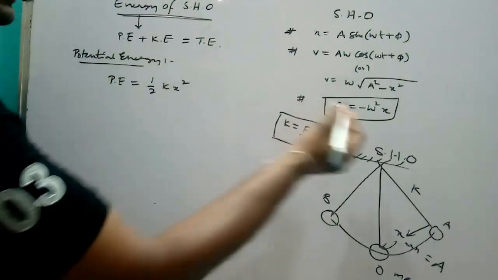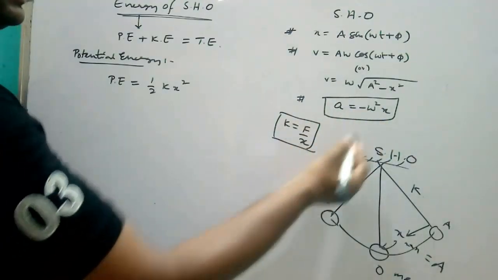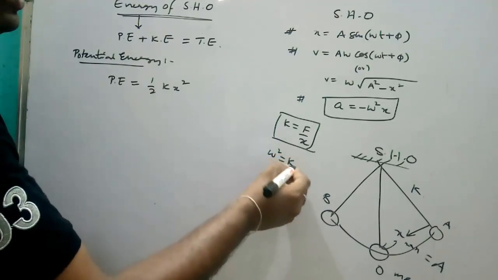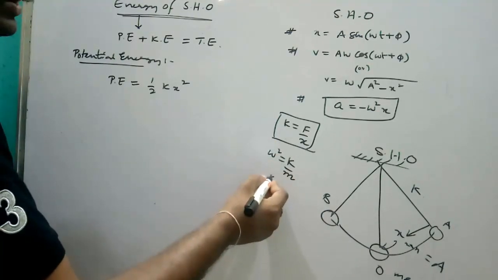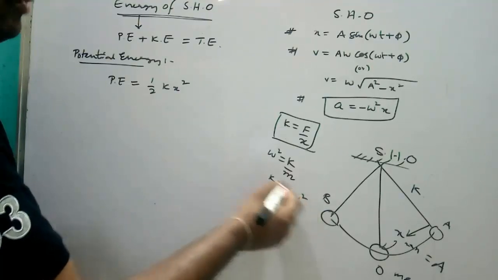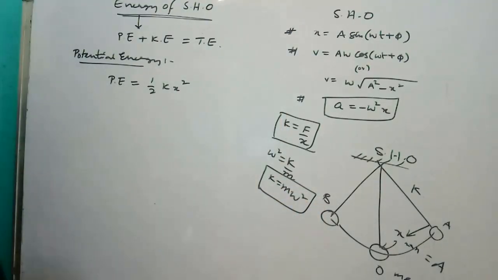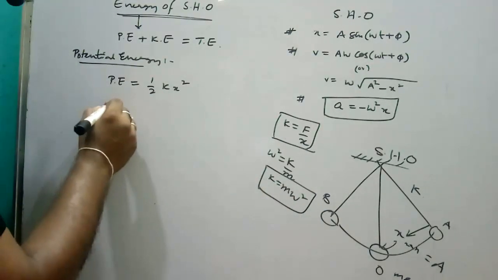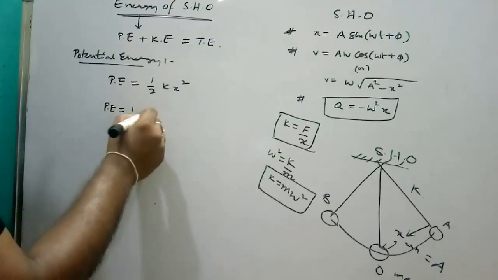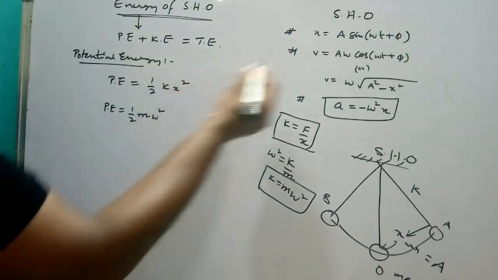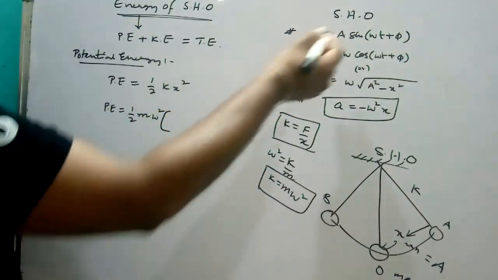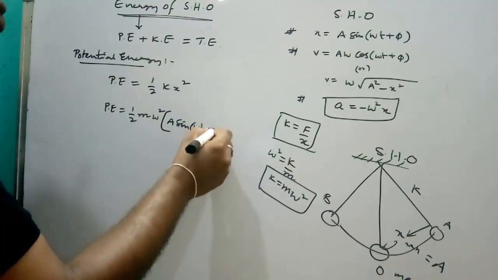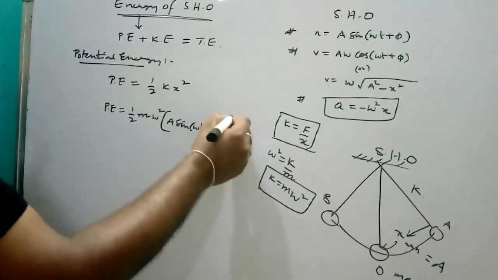In terms of omega and k, we know that omega square equals k by m, so k equals m omega square. We substitute this here. The potential energy is half m omega square, and the displacement is a sine of omega t plus phi, whole square.